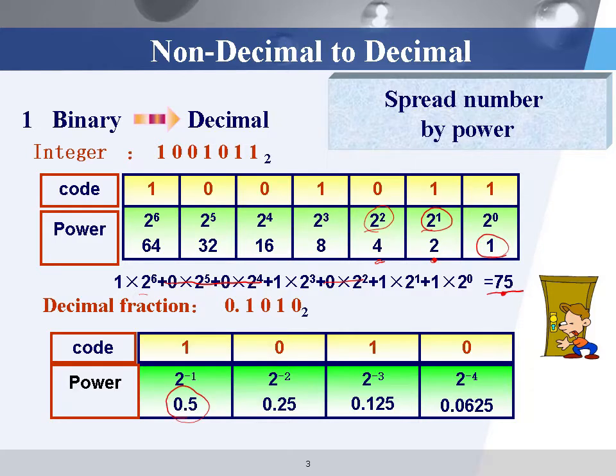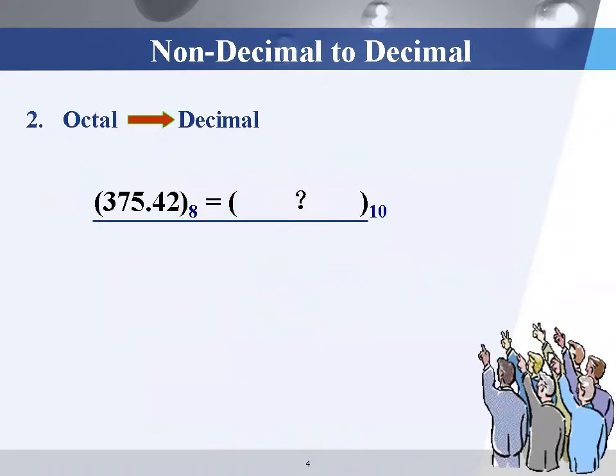And then the second one is 0.25. And then we can use the same approach to calculate the real value. So the real value of this number is 1 times 2 to the -1 power plus 0 plus 1 times 2 to the -3 power plus 0. The value will be 0.625 in decimal.